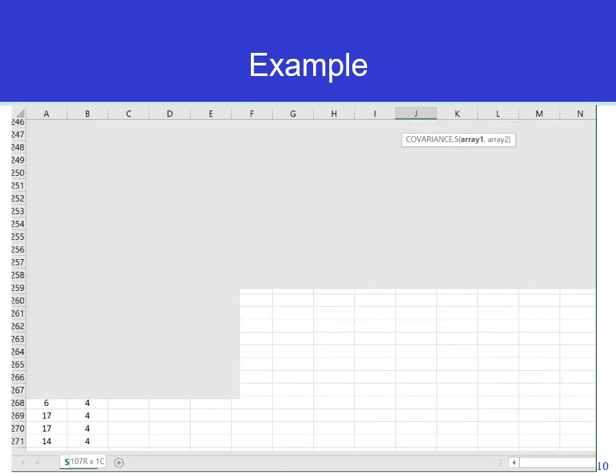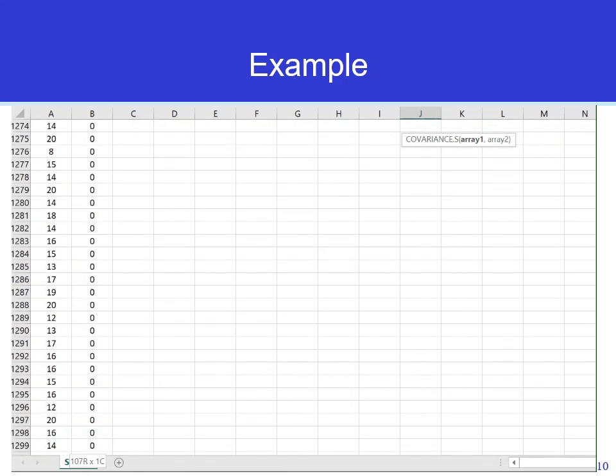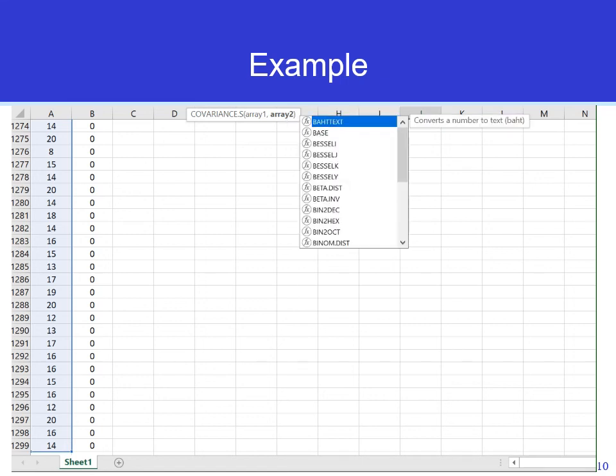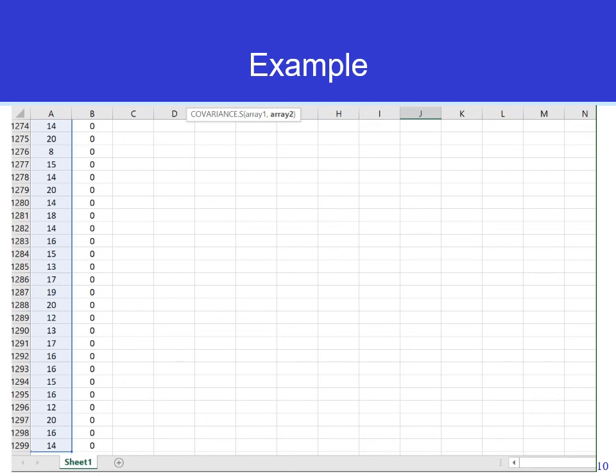We need to see how many values we have here. We have 1,299. So this has to be 1,299. And for the TV watch it would be B2 to B1299.